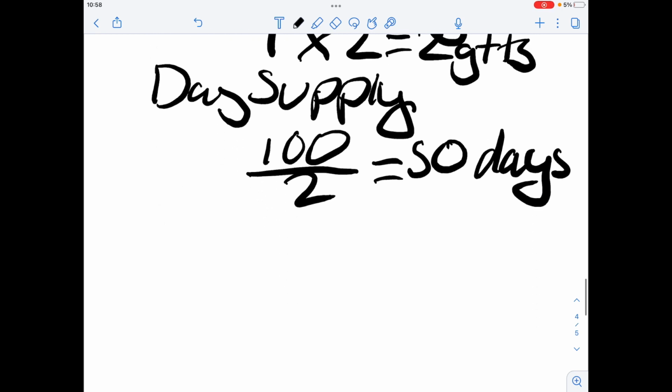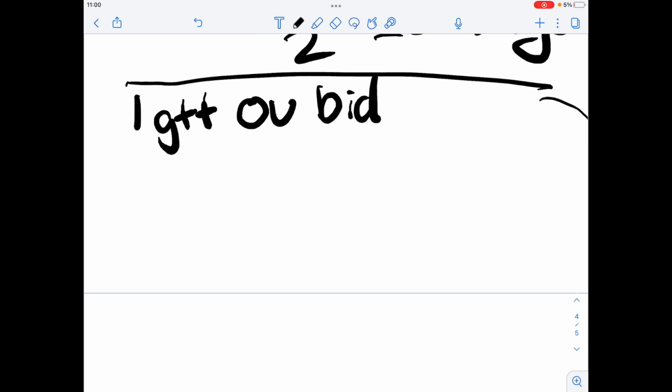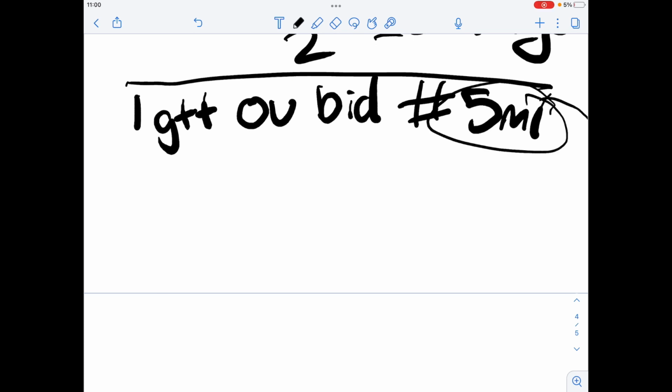Now, let's repeat that same SIG code, but assuming instead of the left eye, we have both eyes that need drops: 1 GTT, both eyes, twice a day, 5 milliliters. Once again, we have to take our quantity dispensed in milliliters and make it drops.